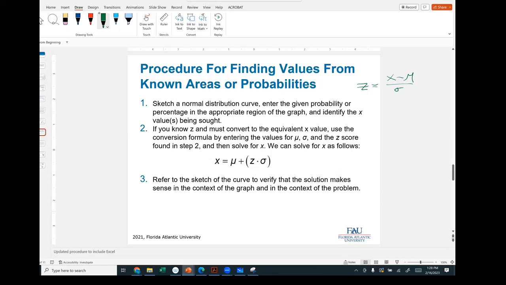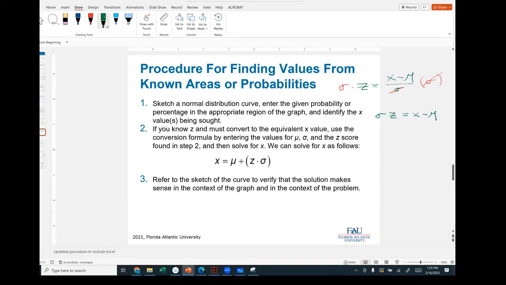Now, I'm going to just do a tiny bit of algebra. If you get scared, don't get scared. You can memorize this formula, you can write this down, but if you do know algebra, you'll know what I'm doing. I'm going to multiply both sides by sigma. Now that's multiplication, and this sigma would cancel with this sigma. So my next line would be sigma times Z is equal to X minus mu.